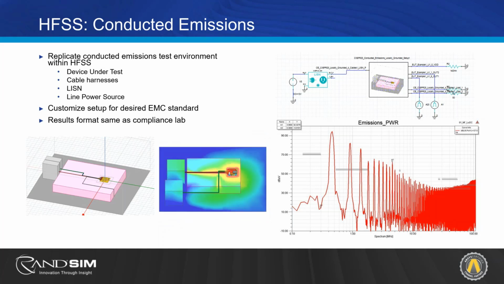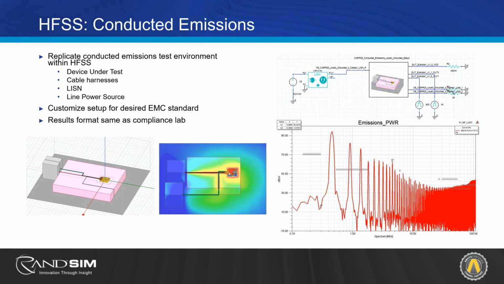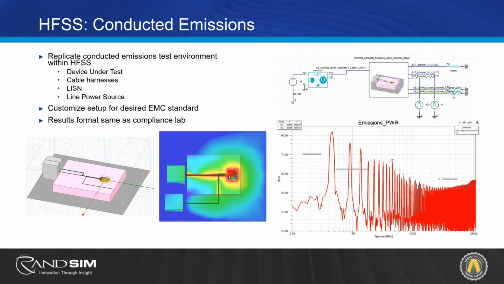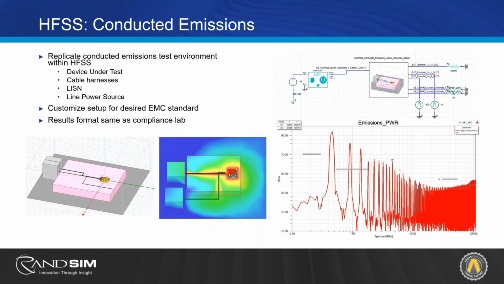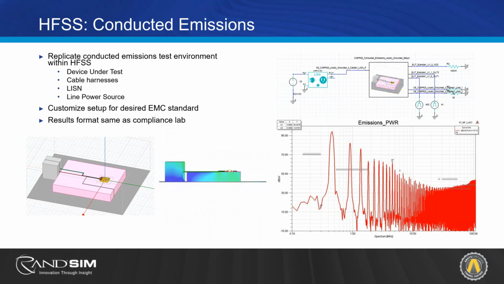And the only variances that you'll typically see between measured data from the lab and simulated data from the environment is the degree of excitations that you have on your board. So the simulation will only be as good as the number of signals that you excite. And so if you have a lot of peripherals off the board, if you don't include those, well, it can't simulate the radiated or conducted effects of those devices.